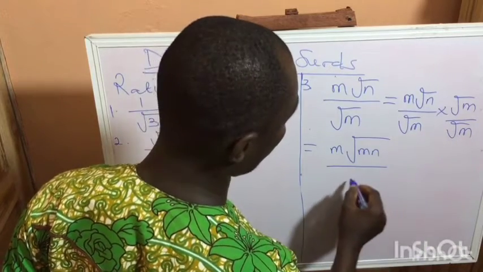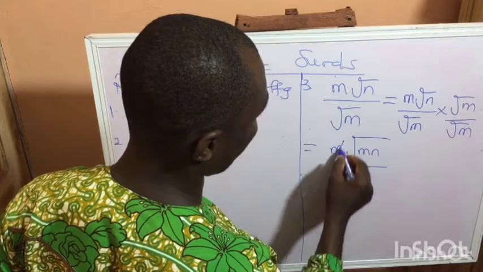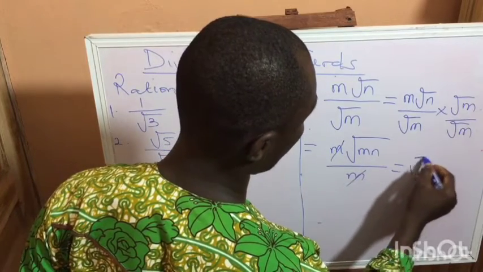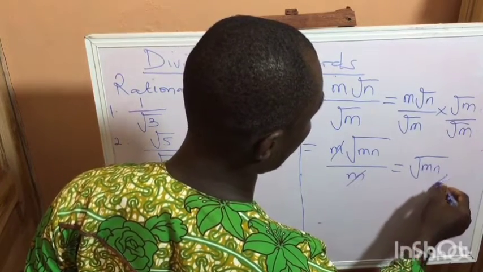Root m times root m gives us m. m cancels m. That will give us root mn.